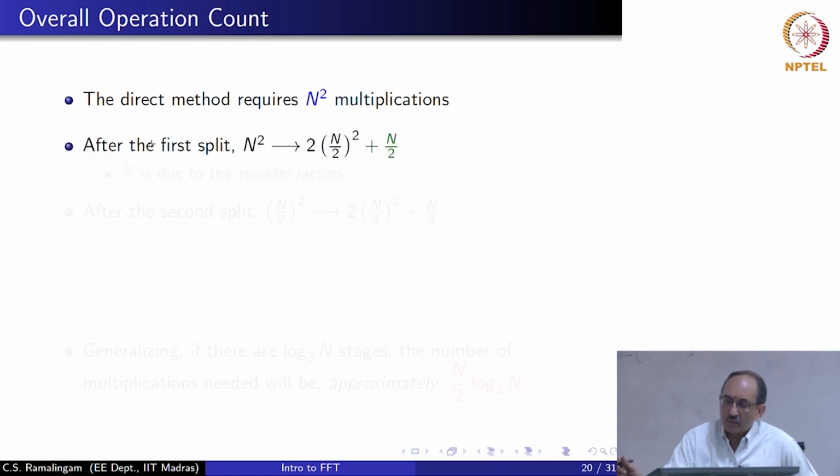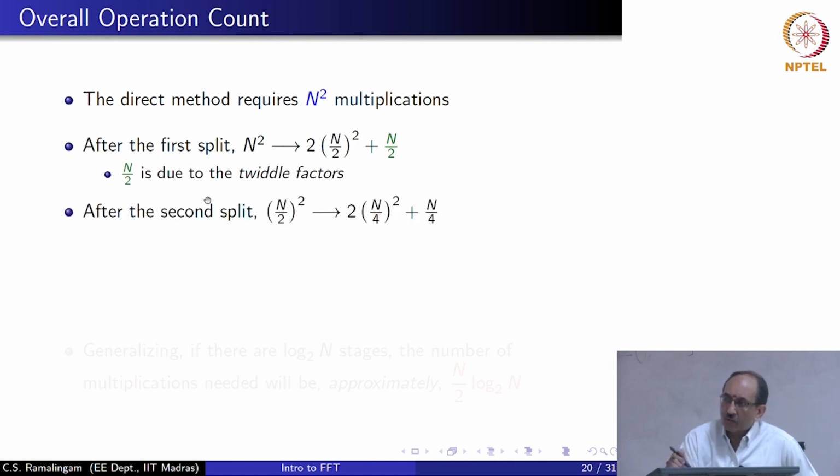So, the overall operation count: this requires n squared multiplications. At the first split we get this, remember we were sure of this before, the overhead was n by 2. So, the n by 2 is due to the twiddle factors. Now, you take each of these and further divide them, right.